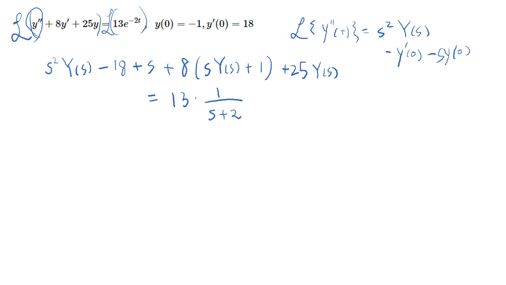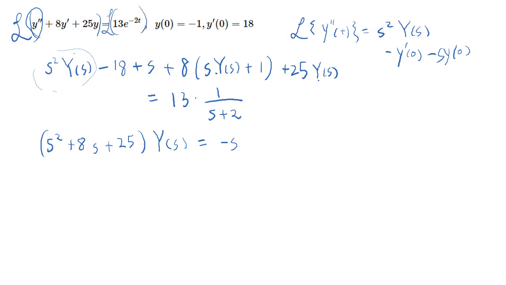Okay, so we can simplify the left side. You want to solve for capital Y of s, so let's put the capital Y of s together. We have one here, another one here, one over there. So it's s squared plus 8s plus 25 times capital Y of s equal to, let's see, s becomes negative s if you move to the other side.